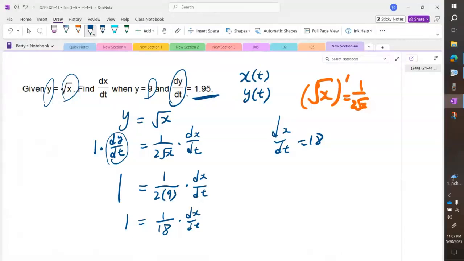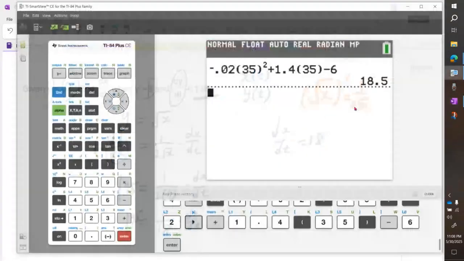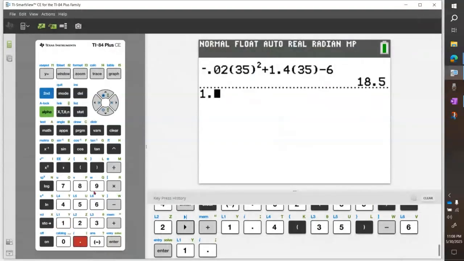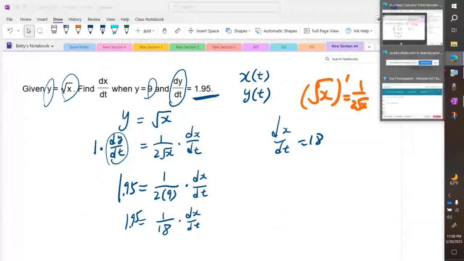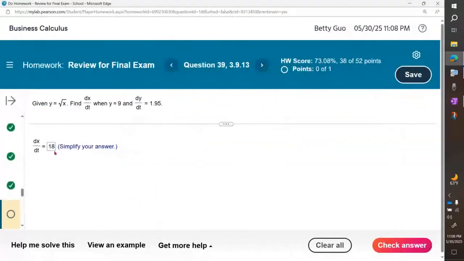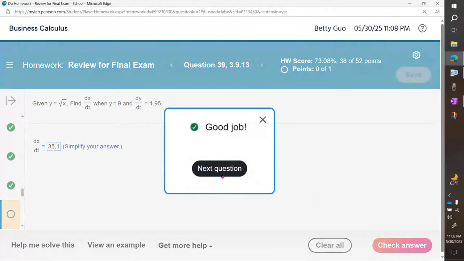It's 1.95. I'm sorry. So dy/dt is 1.95. 1.95 times 18 is 35.1. So be very careful.